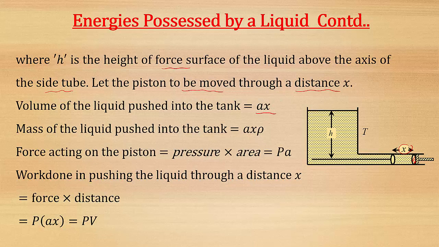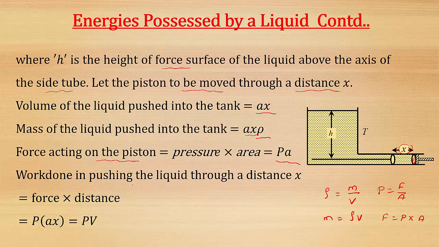Mass of the liquid pushed into the tank: M equal to rho into V. So here we can write rho, and in place of V we can write the volume, that is A into x. Then force acting on the piston. We know the formula, pressure equal to force per unit area. We want force, so F equal to P into A. So that equation we got.